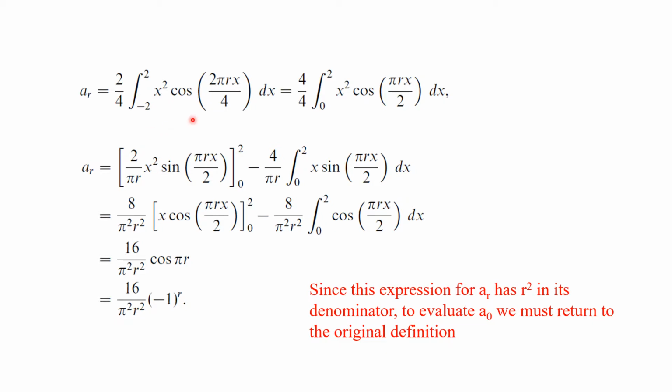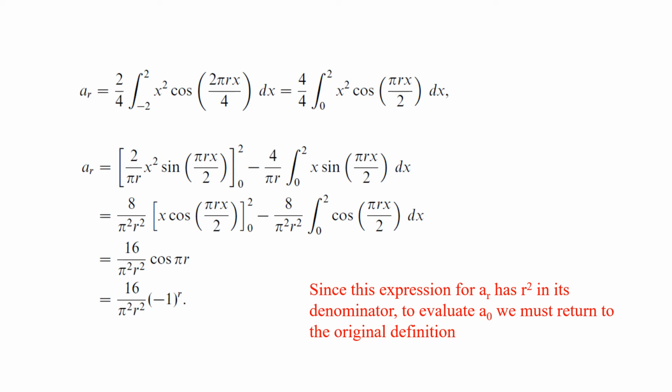In solving for a_r, we have this final answer here, which is equal to 16 over pi squared r squared times (-1)^r.